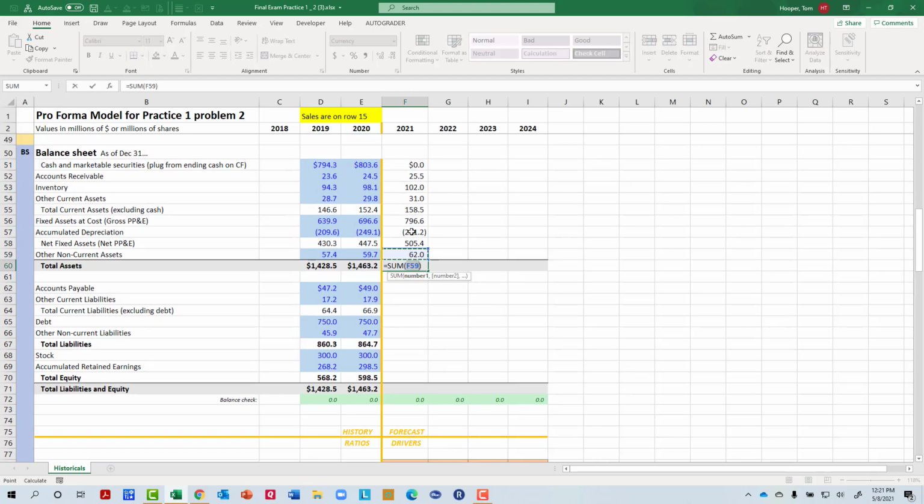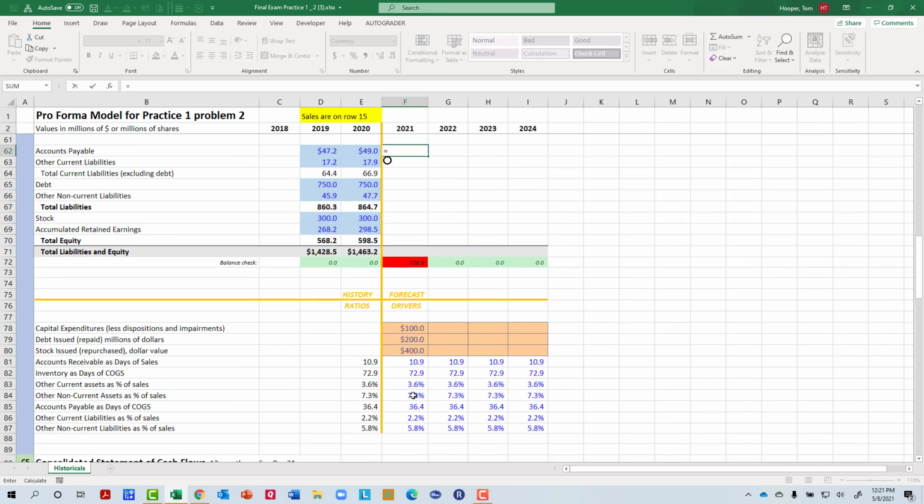So that would be cash, other current assets, book value of assets, and other non-current assets. Okay, and then our accounts payable, that's in days of COGS, so times F16 over 365.